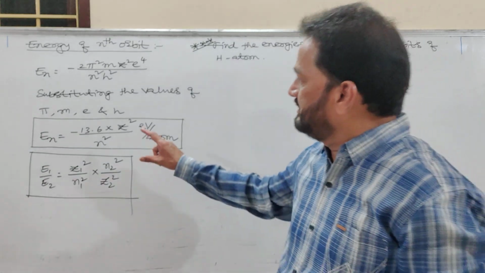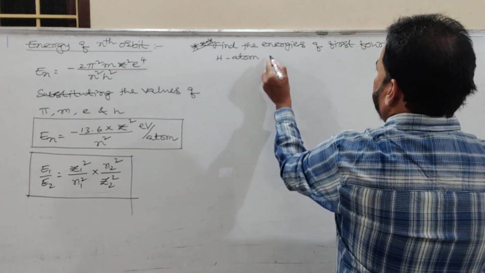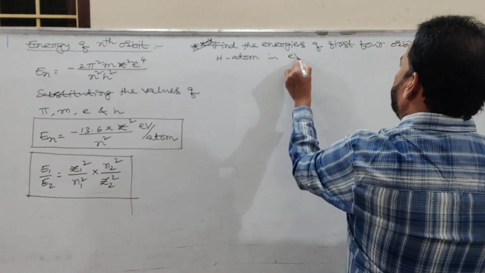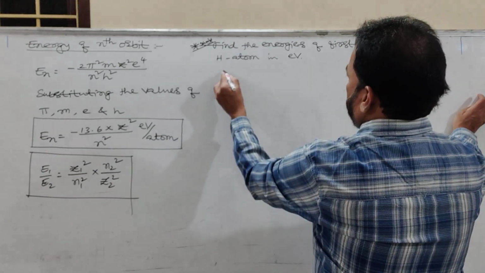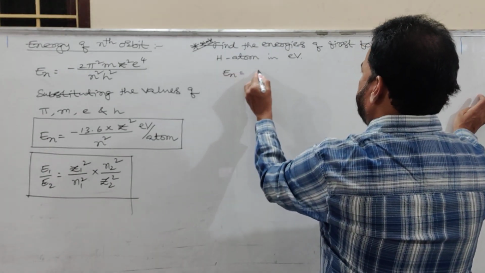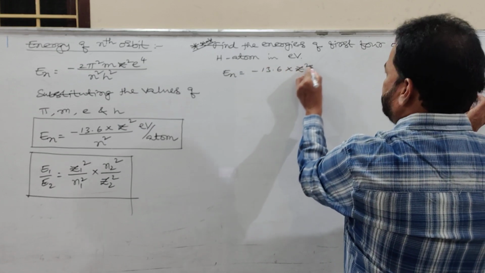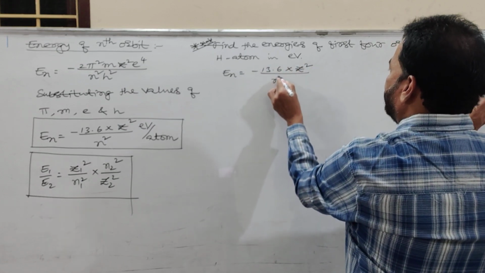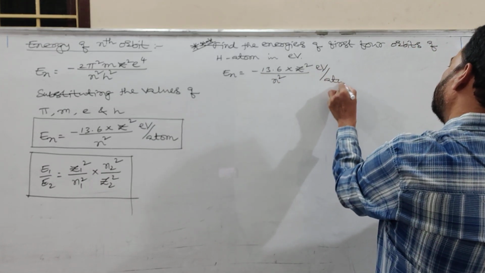So let us write this formula first. Hydrogen atom, in electron volt. So write the formula. En is equal to minus 13.6 into Z square by n square electron volt per atom.